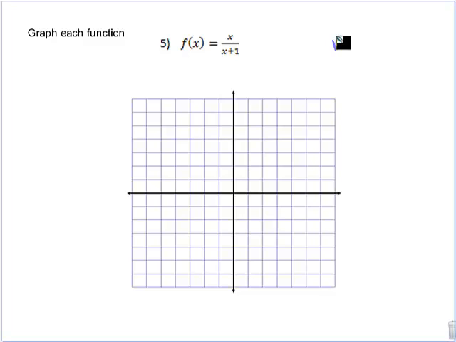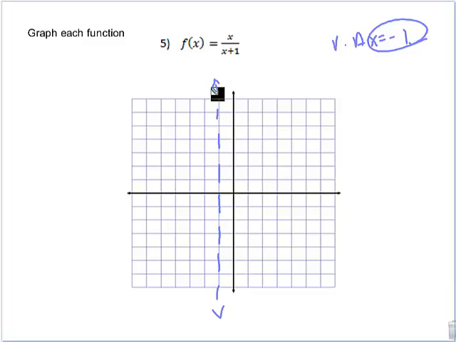Where will it be? That's our vertical asymptote, which means we draw a dashed vertical line at x equals negative 1. That splits our graph into two sections.